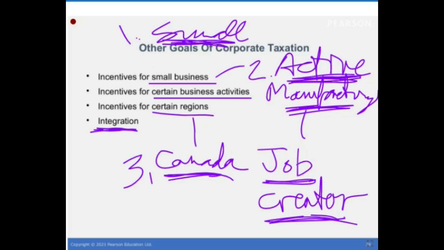So those are some of the goals of corporate taxation.